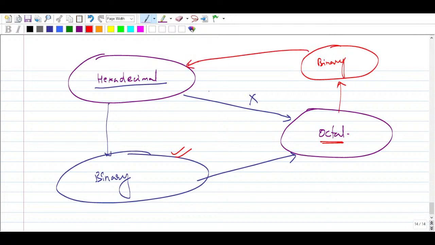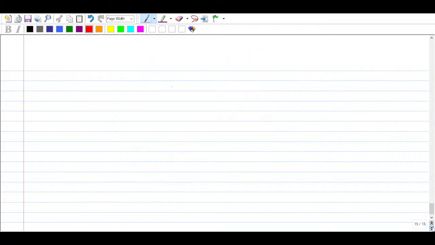Then you can come back here, but don't jump directly from hexa to octal. This is wrong. You have to go through some intermediate step.